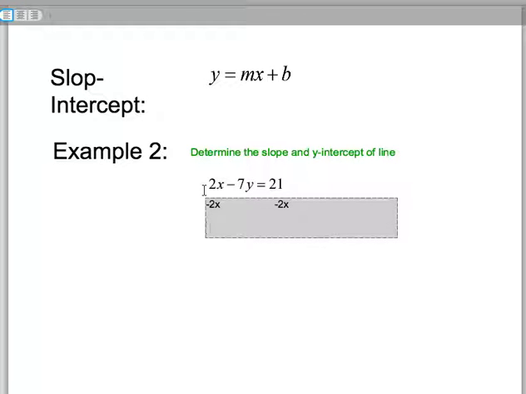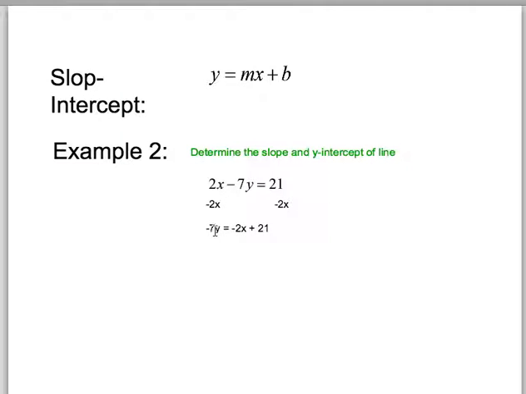Okay, so I will end up with -7y is equal to -2x plus 21. Okay, but now I want the y by itself, so I need to divide everything by -7.